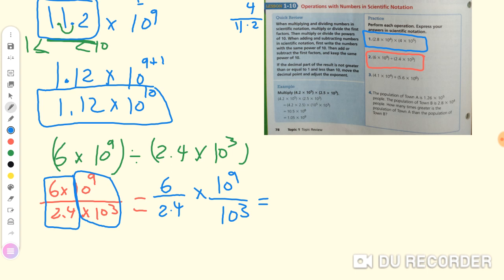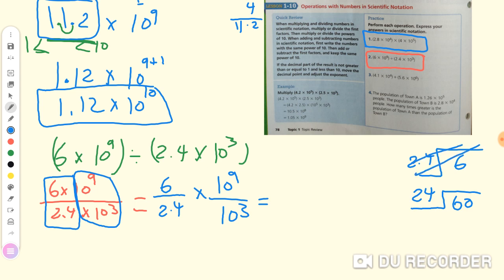Let's make the division. 6 divided by 2.4, we can avoid the decimal, so we multiply both sides by 10. Now I can write the division as 60 divided by 24. We don't have to write it in decimal form.